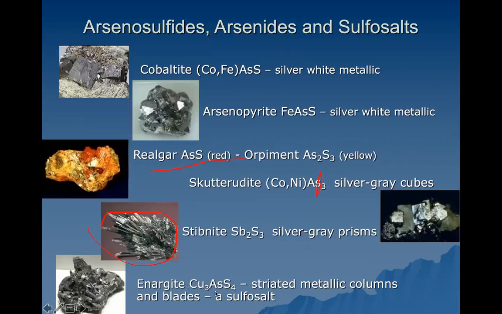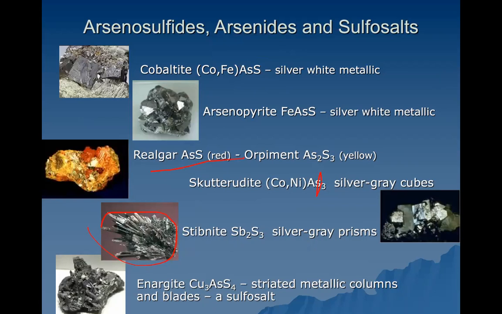Enargite, that is copper arsenic sulfide. It has striated metallic columns. And the other one is also a copper arsenic sulfide, which we call a sulfur salt, right?